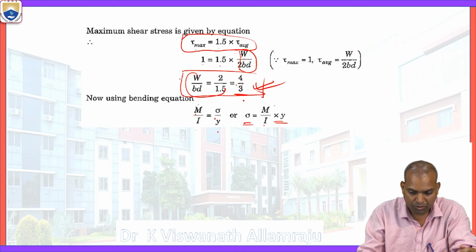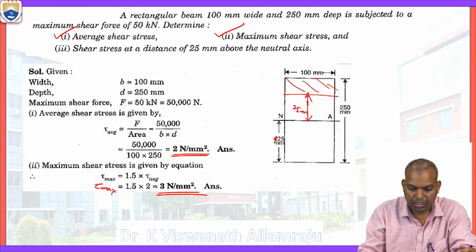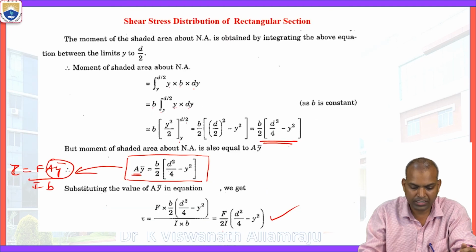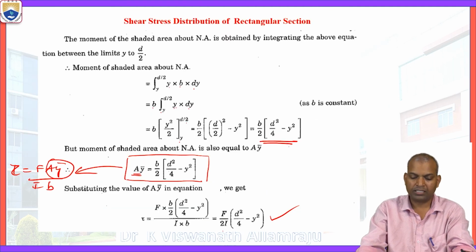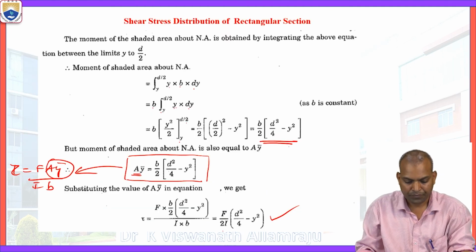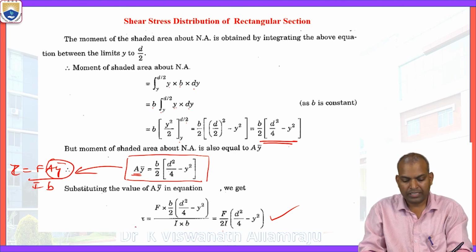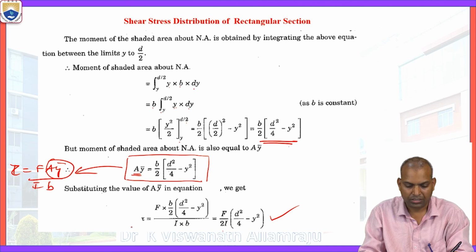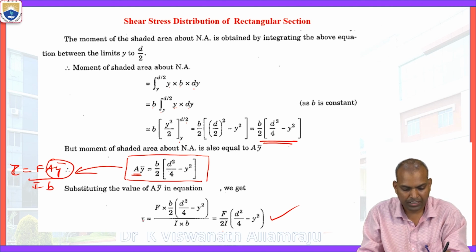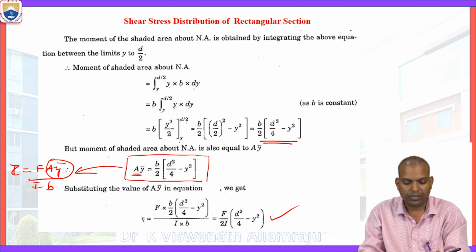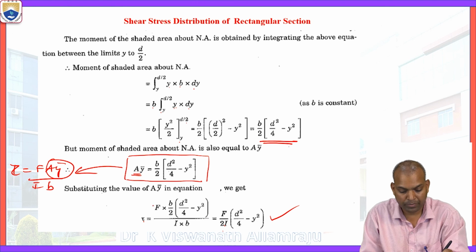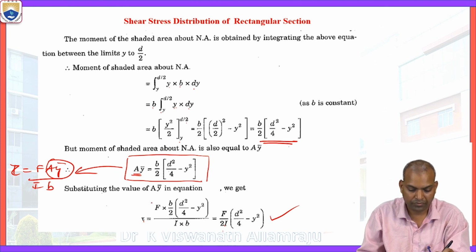And we studied only up to the rectangular section. Suppose it is a square section, is there any effect of the square section? For the rectangular section, with tau equal to F A Y bar by I B, we have studied the formula tau equal to F by 2I times (D square by 4 minus Y square).